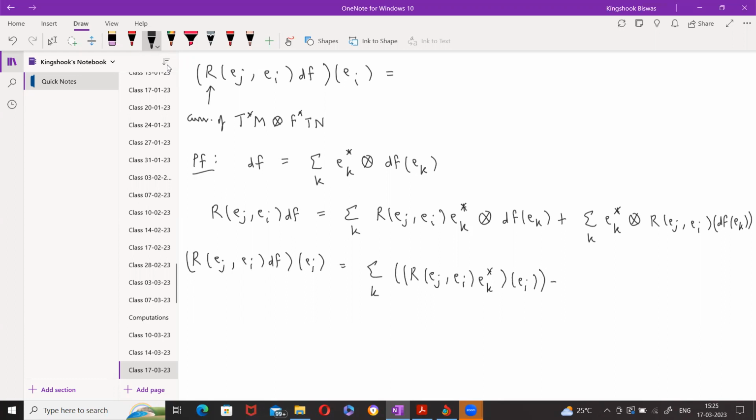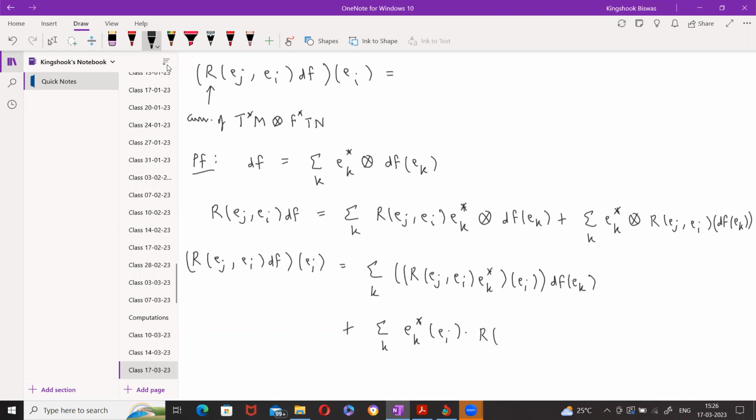This is a scalar, times DF E_K, plus sum over K of E_K star acting on E_I, times the vector R of E_J, E_I acting on DF E_K. This is the curvature of the pullback bundle. This we know what it is.